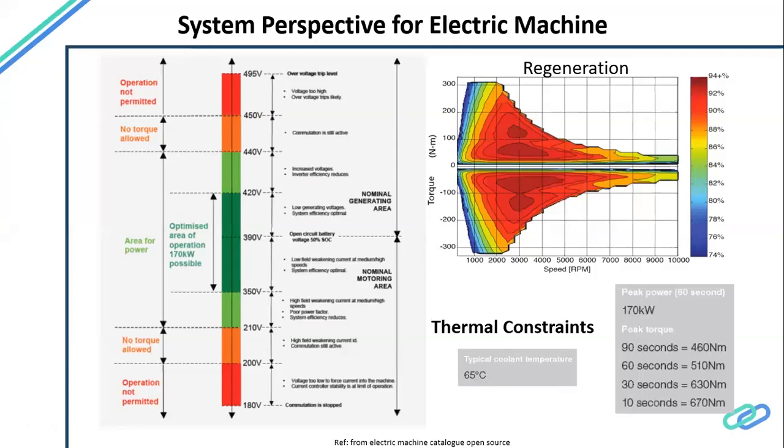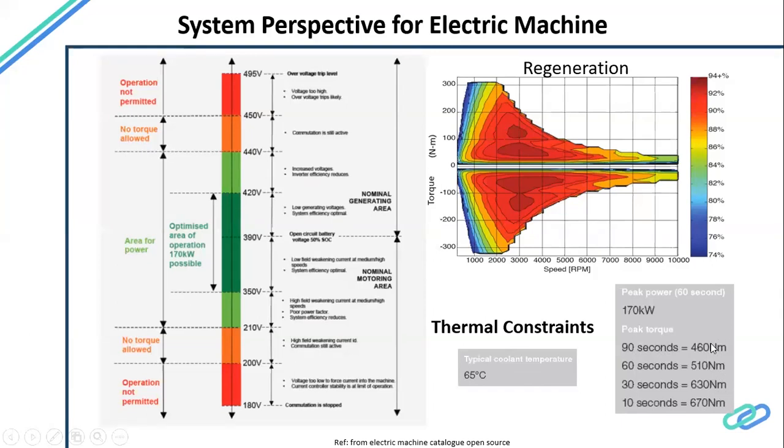Then this is also constrained thermally, so thermal constraint. What is the incoming coolant temperature? And you can see, as the machine starts rolling, it can give very high torque for say 10 seconds. Then as we continue our operation, in 90 seconds you can see the torque has dropped from 670 volt to 460 newton meter.